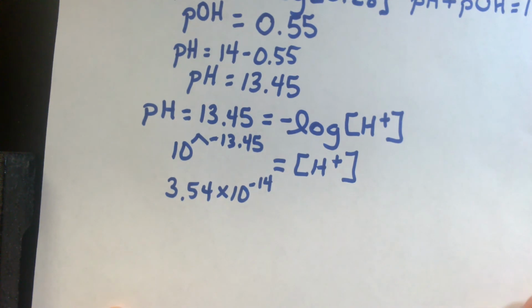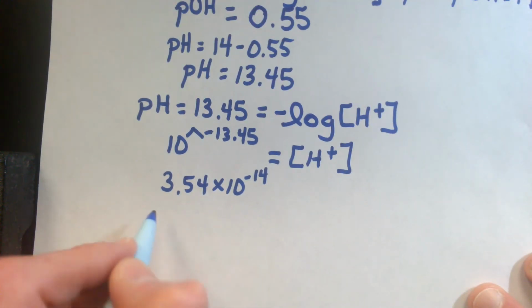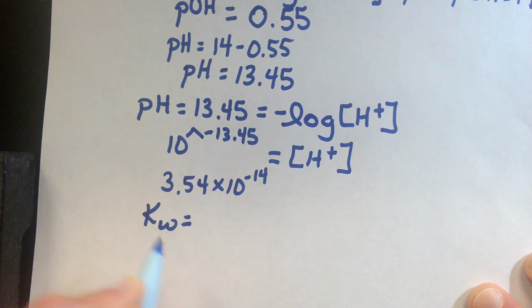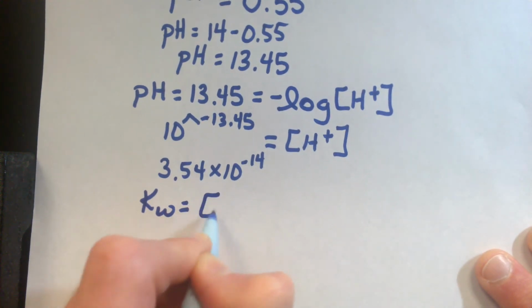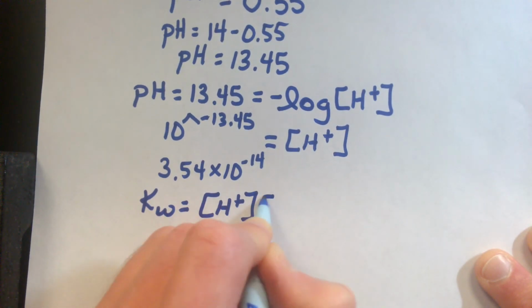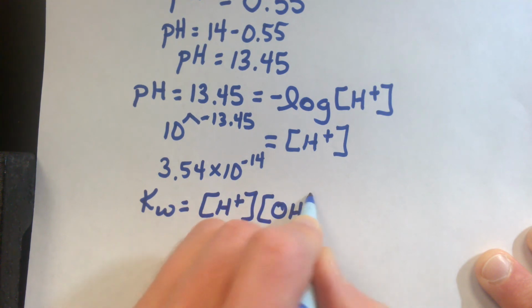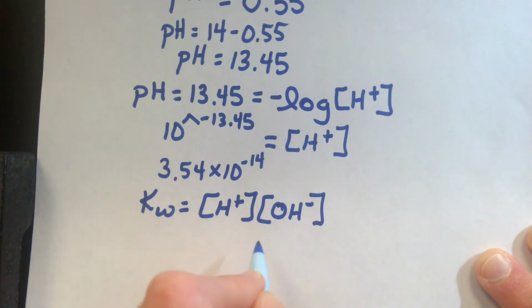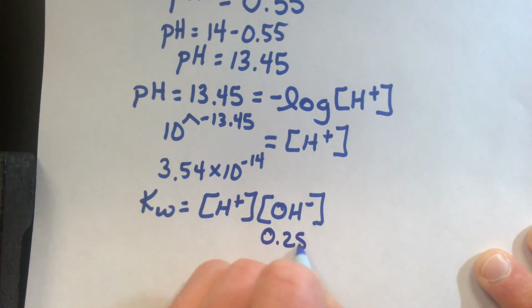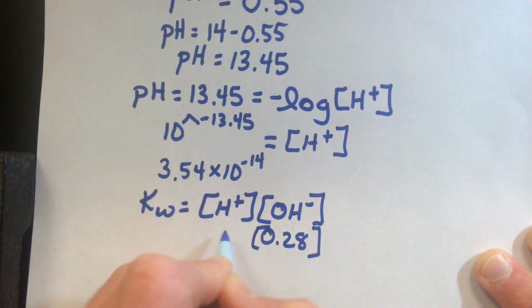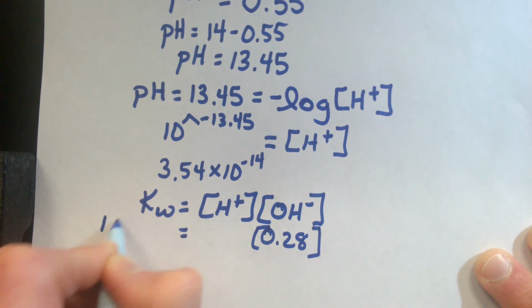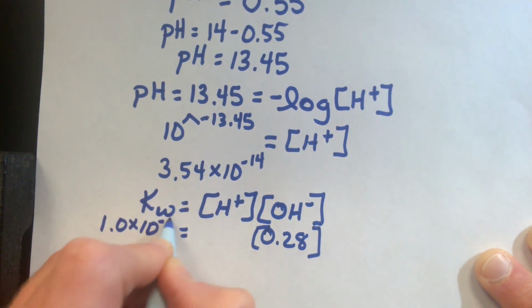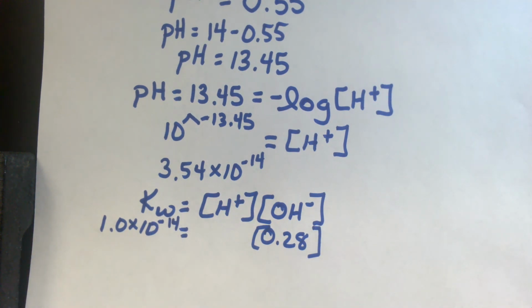Now, the other way we could do this is we could go through Kw. We could do Kw is equal to H plus multiplied by the hydroxide ion concentration, and we have this from the molarity, 0.28, and Kw is 1.0 times 10 to the negative 14, so we could divide those two and get our value.